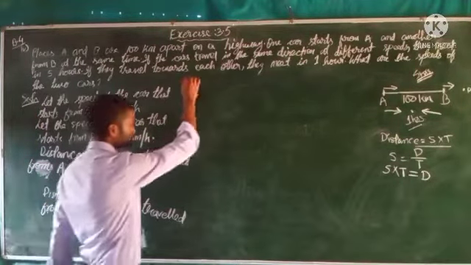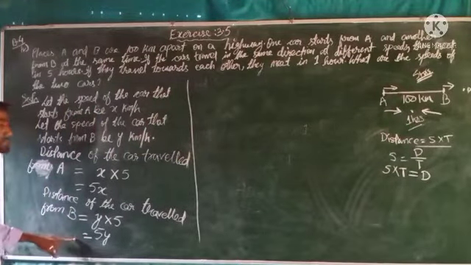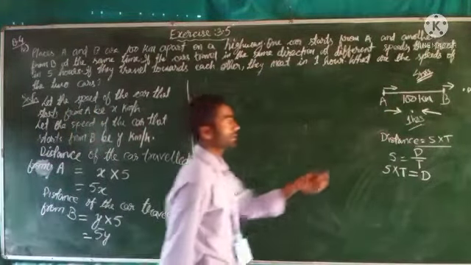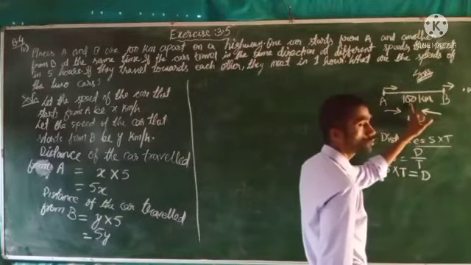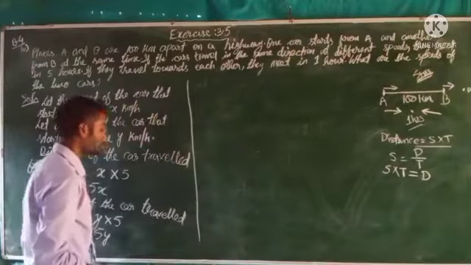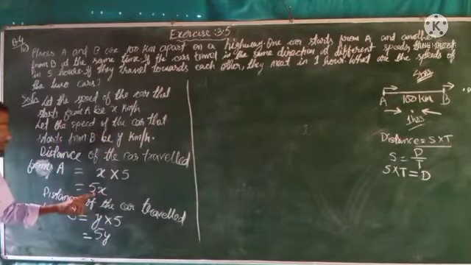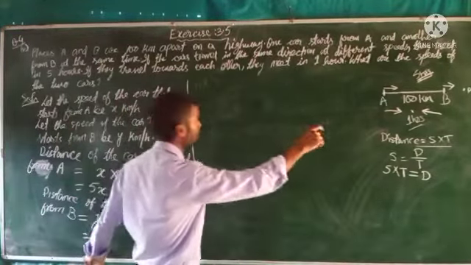Now we got their distance. As I have said, the difference between these 2 points is equal to 100. So the difference between their distances, 5x minus 5y, will be equal to 100 kilometers.